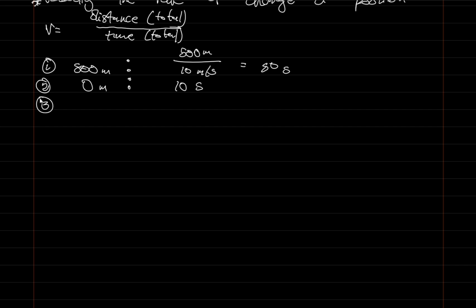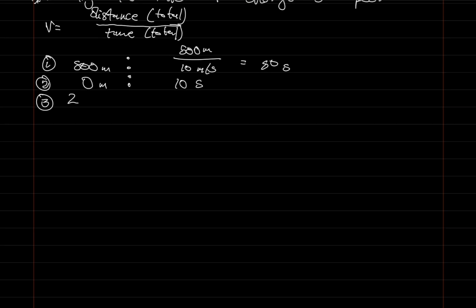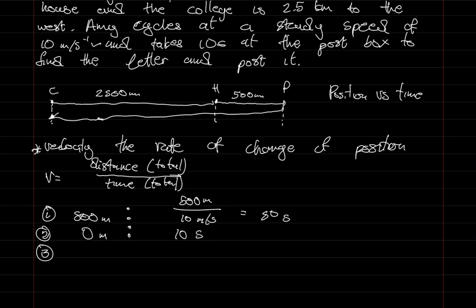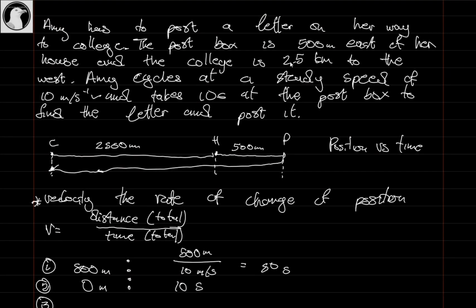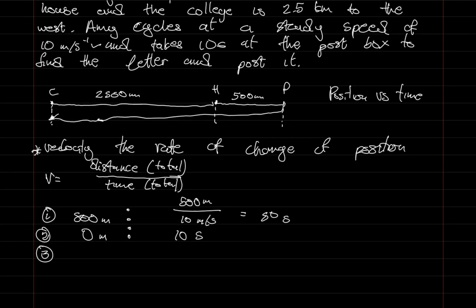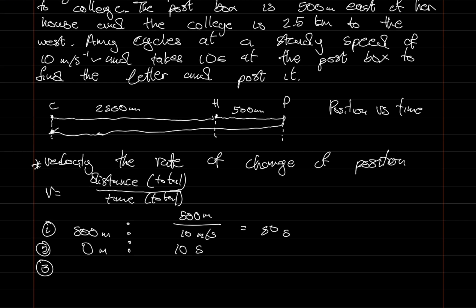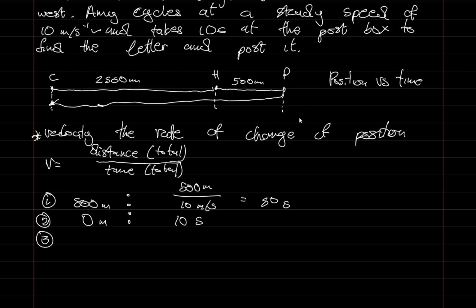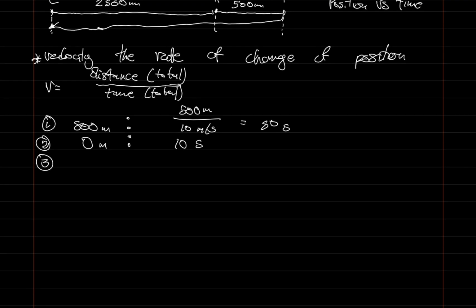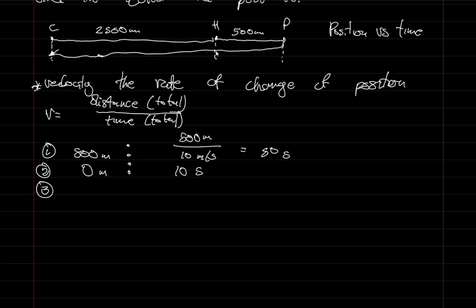Scenario three, now she goes to college, which is about 3,000 meters away. You're probably asking yourself why I said that, because it strictly says here it's 2,500 meters away from her house. Well, what did I say about displacement and position? The displacement is actually from the post to the college.